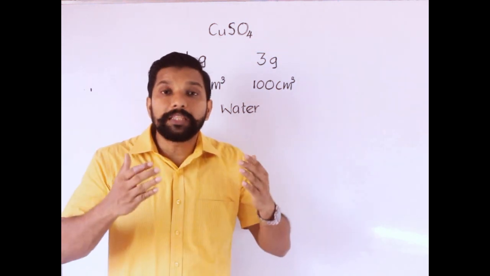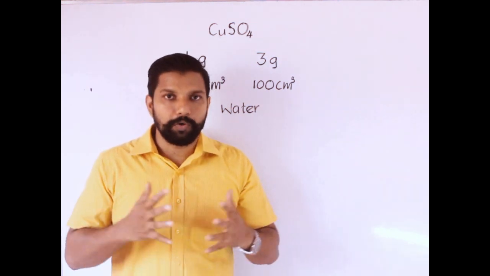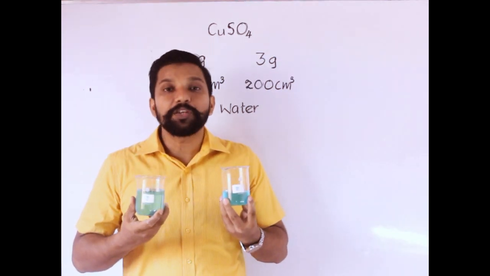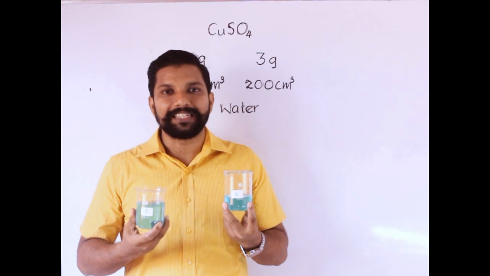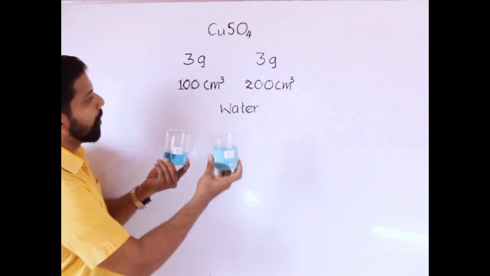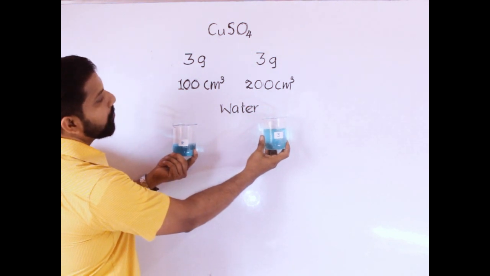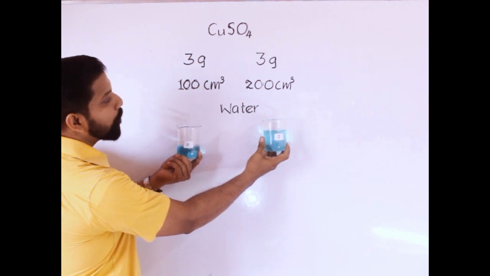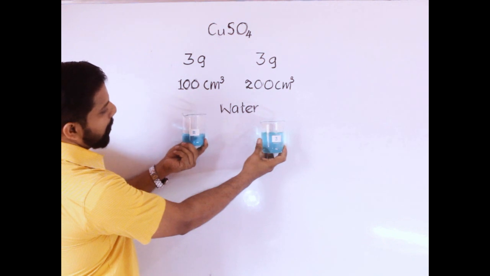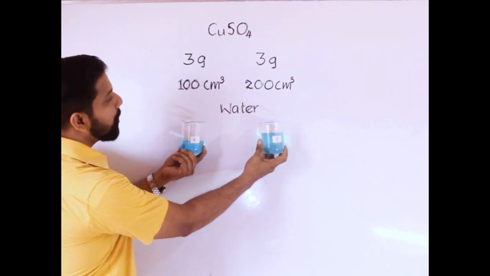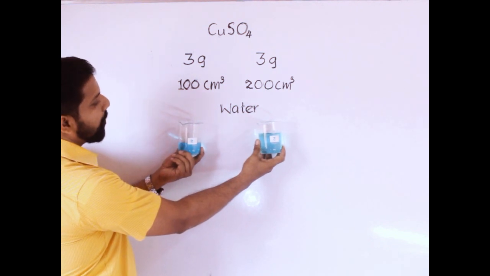But is it only the amount of solute that is going to decide the concentration? Now we are going to see a situation where the volume is changed. Solution 3 is made with 3 grams of copper(II) sulfate and 200 cm³ of water, whereas solution 2 was the previous solution, 3 grams in 100 cm³.